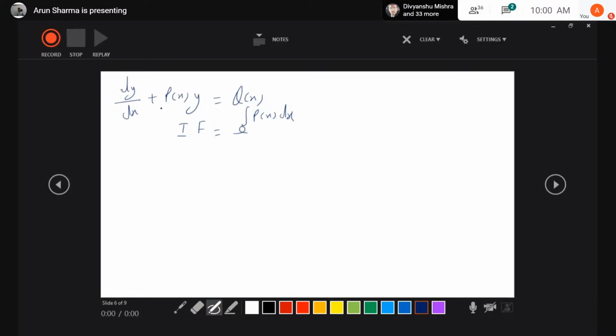If you multiply this e to the power px dx with dy plus px into y minus qx dx equals to 0.